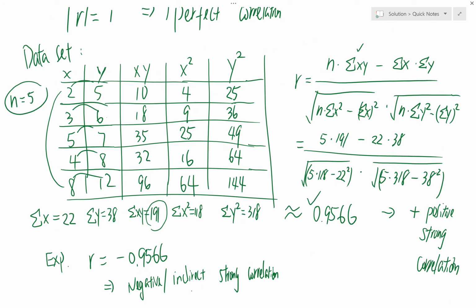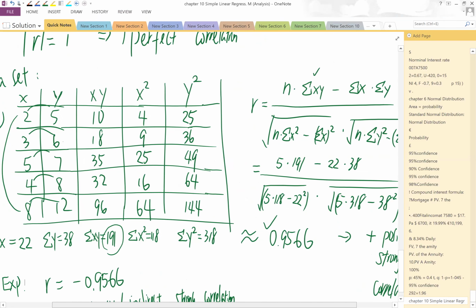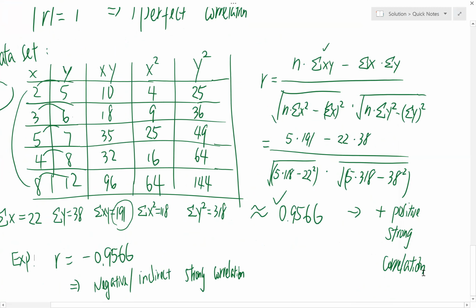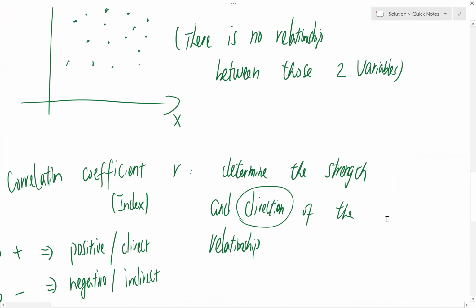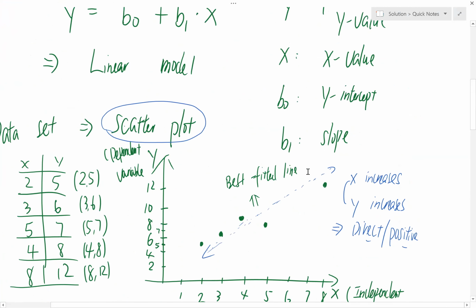All right, and let me just continue this. And let's get to the other part, B0, B1, right? So think about it. We know the strength and direction of the correlation. Our next step, let's find out this best fit line, meaning the regression model, that will represent this relationship. In order to do that, we need to find out a couple of things.